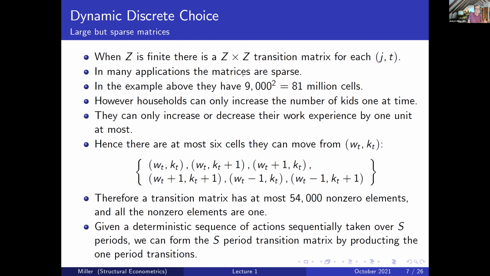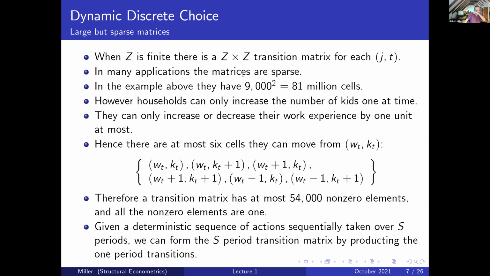And likewise, you can only increase your experience. You either have experience or you're not. You can increase it by 1 or not. And so that is really going to reduce the number of cells that have non-zero entries. In other words, without triplets, of course, the probability of going from 1 to 4 is 0. So you can wipe out a lot of those things.